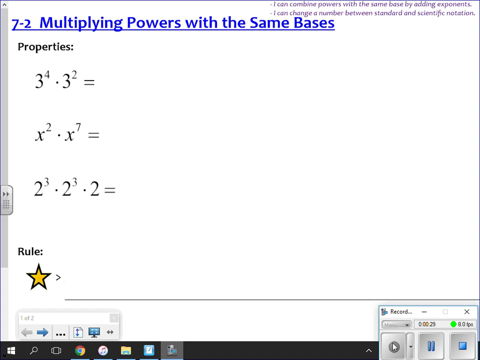Anything to the 0 power is 1 except for one thing. 0. 0 to the 0 power is undefined. Okay. Anything else is 1. Anything to a negative power is 1 over that, unless it's already in the denominator when we bring it up. I have some examples here, all with 3's. And then we're going to get a new rule today.